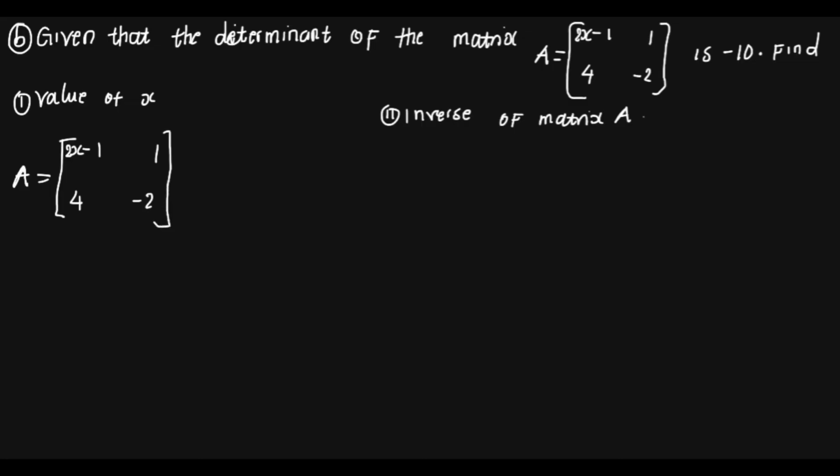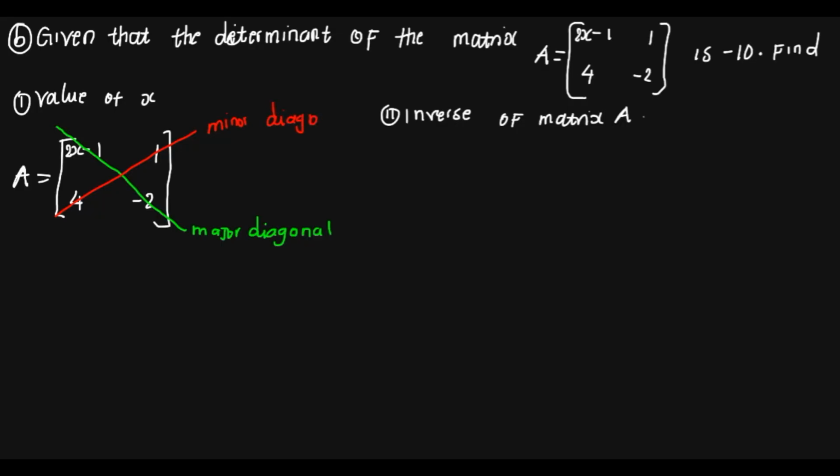So from this matrix, these are the major diagonal, or leading diagonal. Then these are the minor diagonal.